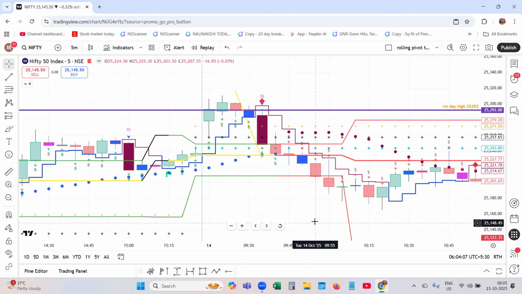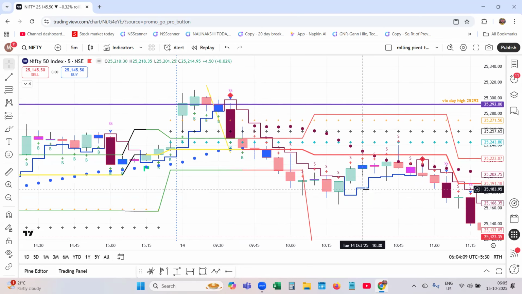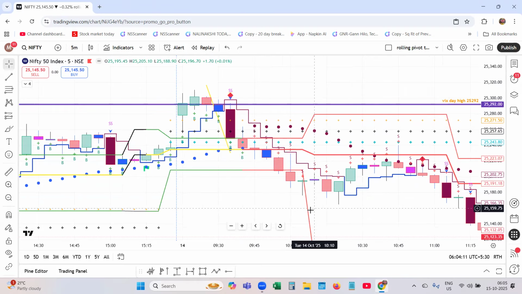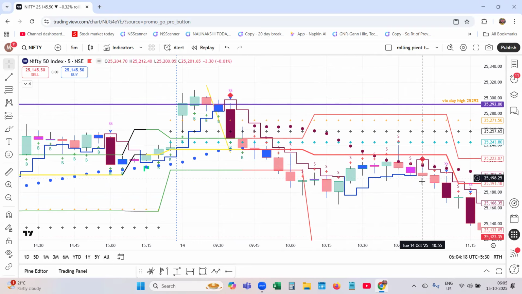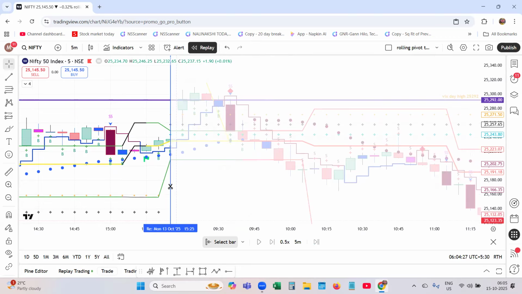So let me show you with the replay mode how it helps you to take the trade, and how in this area you will not make a mistake. Let me go to the replay button and start.